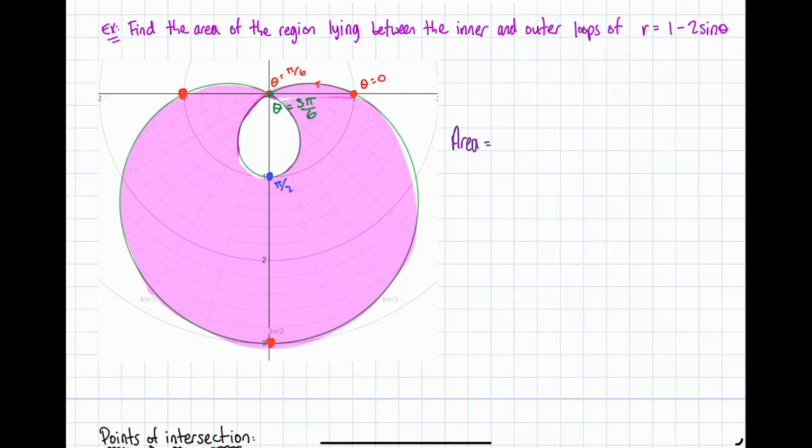We'll try that in a second if we have time. Crap. I'll calm down. I realize I was talking pretty fast here. Area equals 1/2 times the integral from 0 to 2 pi of (1 minus 2 sine theta) squared d theta.